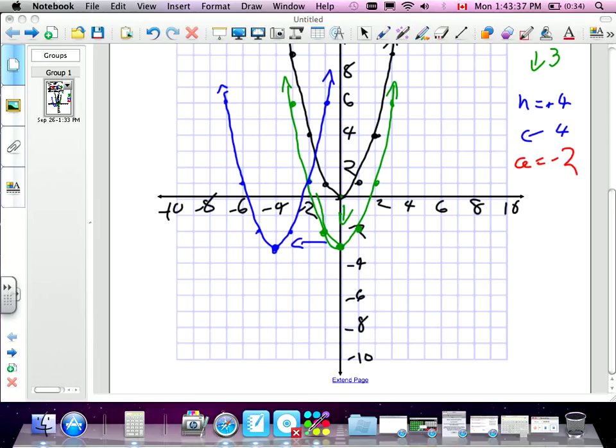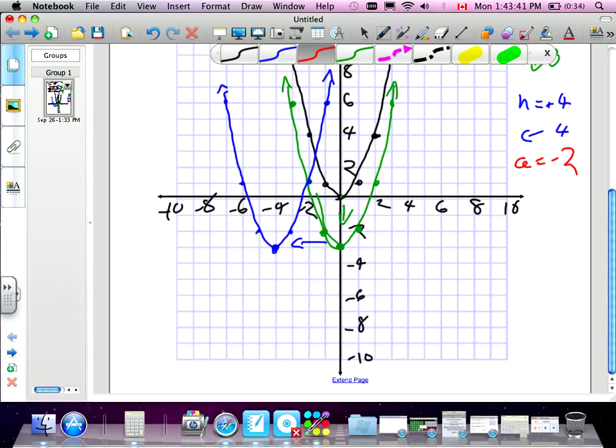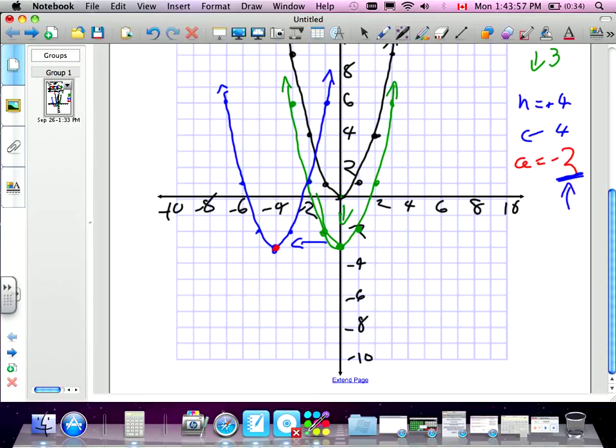So, in order to draw that, our vertex is still going to be at the same spot because A doesn't change the vertex. Okay? And normally when I draw our original one, I go over 1, and because it's going downwards, I'd go down 1. But in this case, because A is greater than 1, I take that value, which is 2, and I have to multiply down by that.